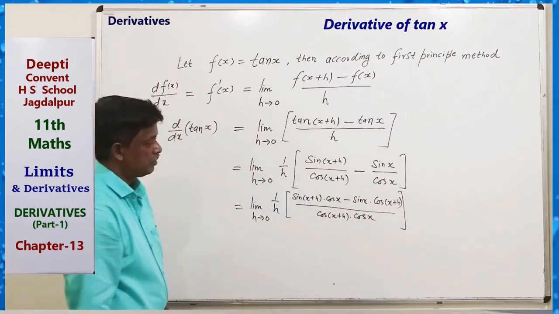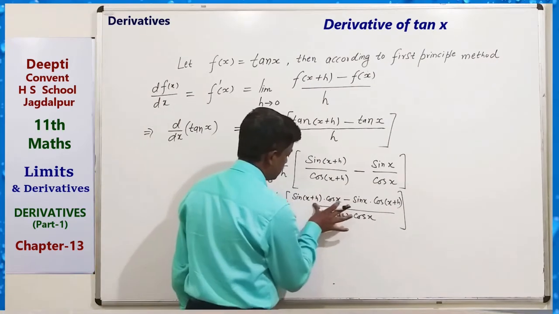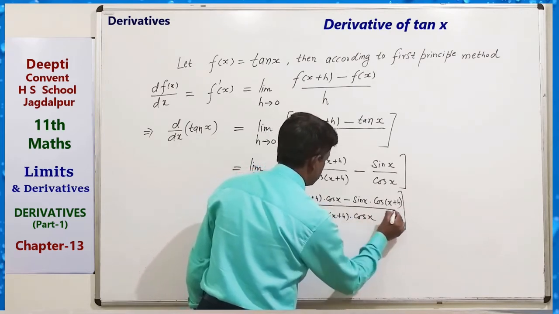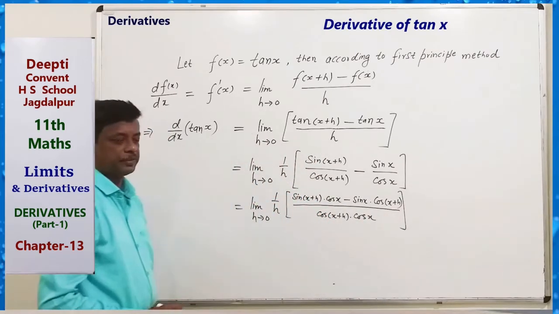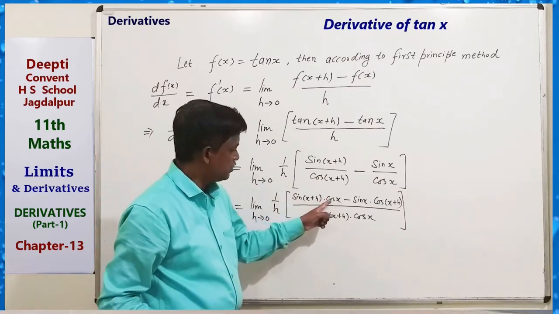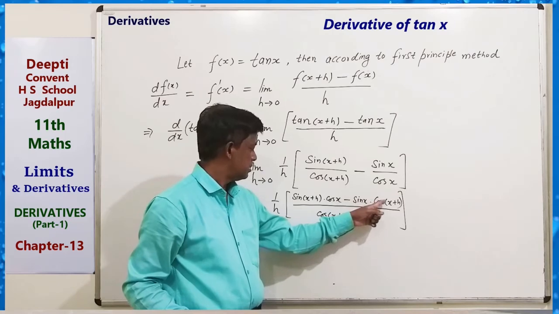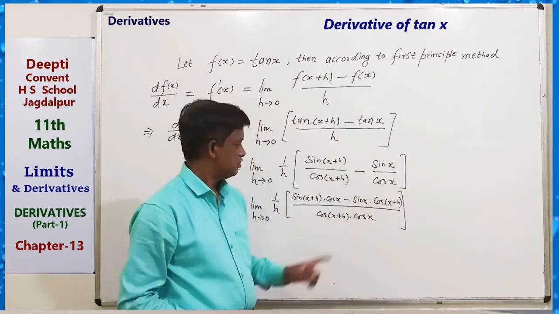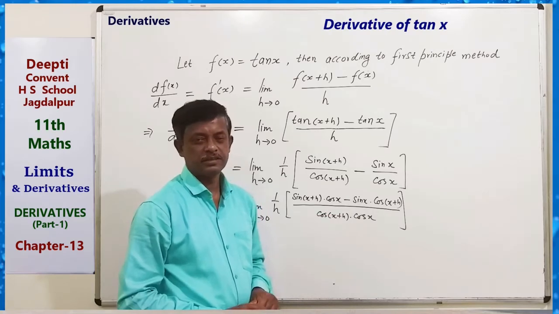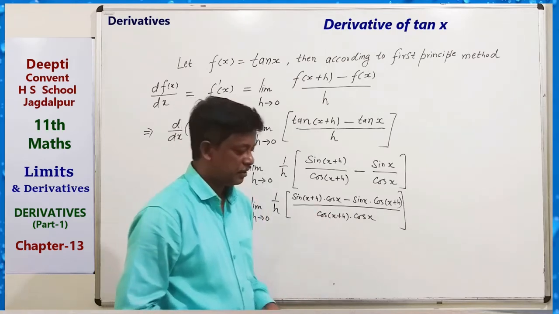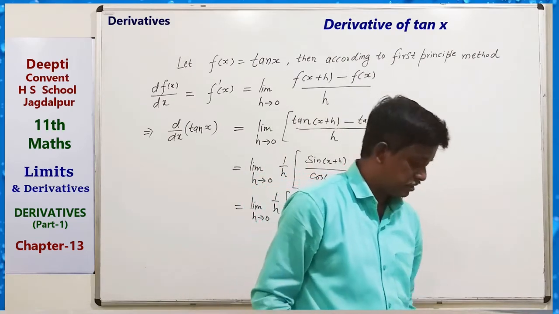Clear? Now here we see that sin a cos b minus cos a sin b. So what is this? It is sin(a minus b). The sin(a minus b) formula is this.